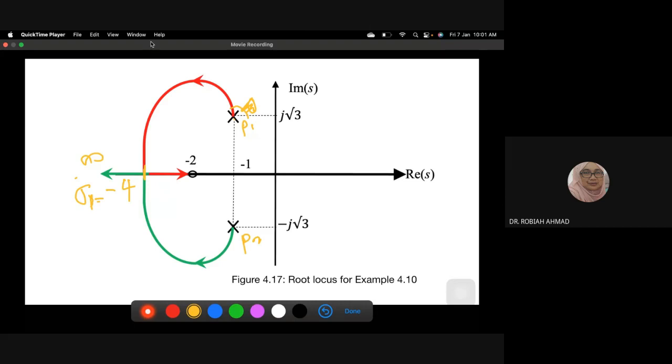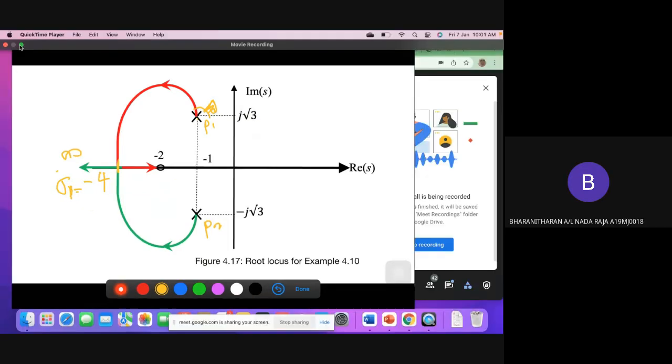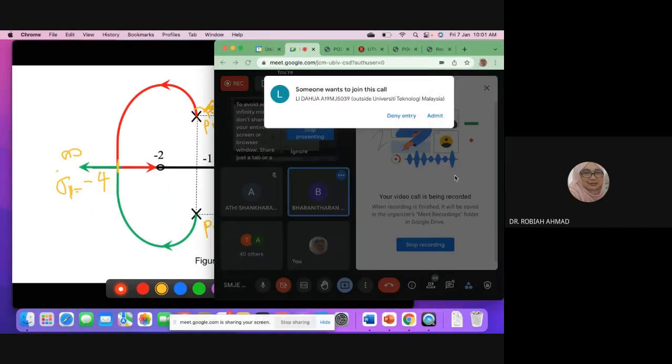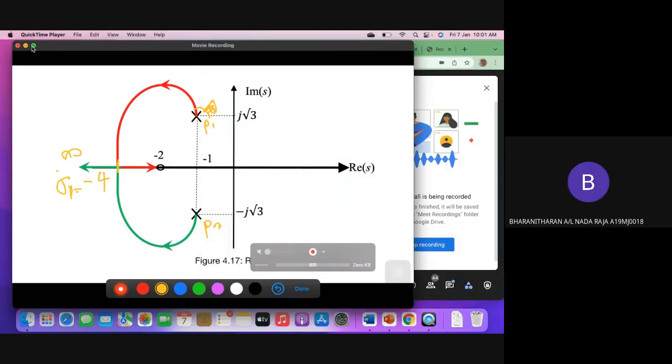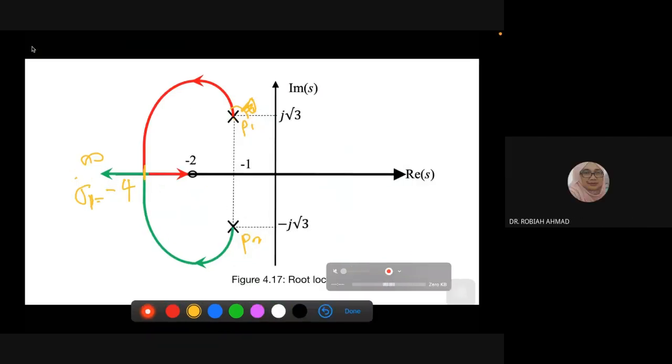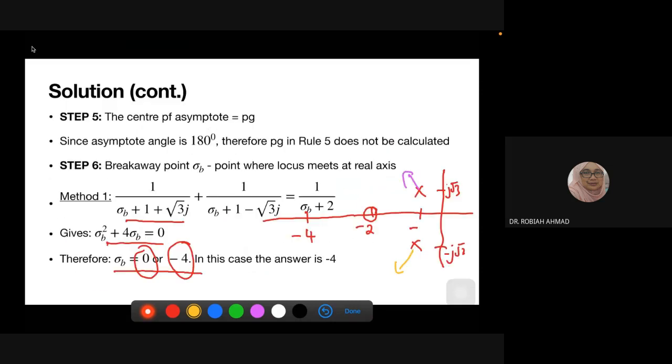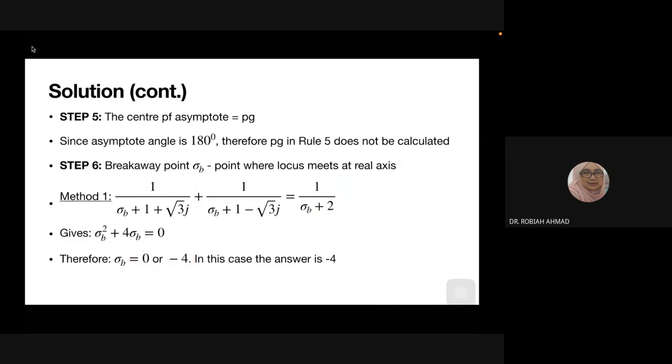Doctor. Okay. How do we get the negative 4? Based on equation tadi lah. The method. Okay. Method 1 tadi tu kan? The method 1 or method 2? This one. This is method 1. Okay.